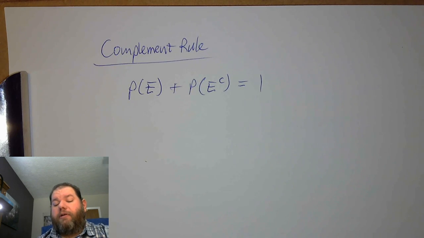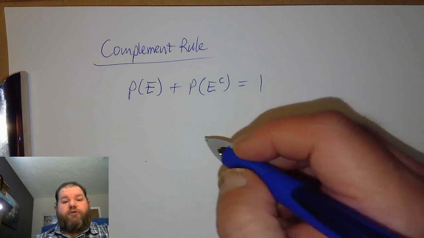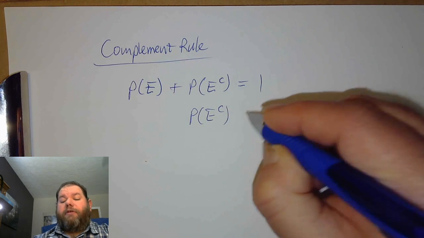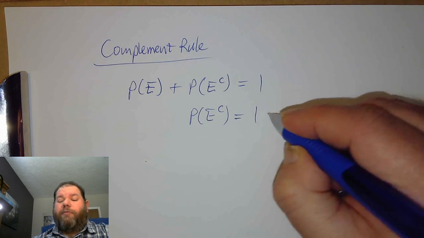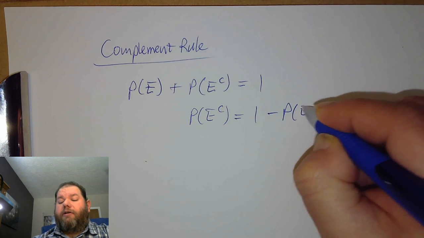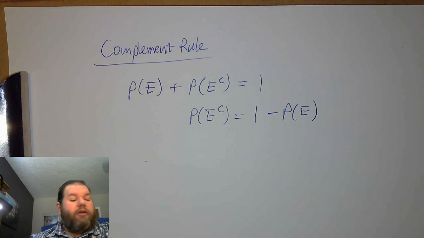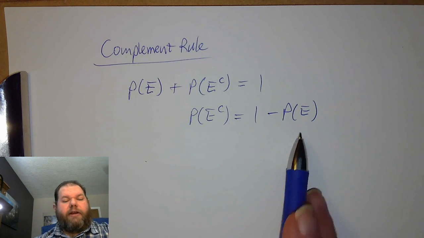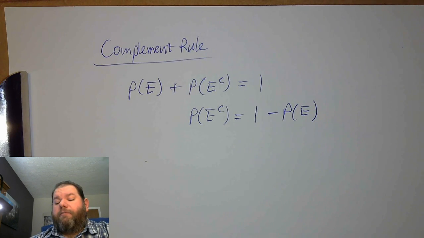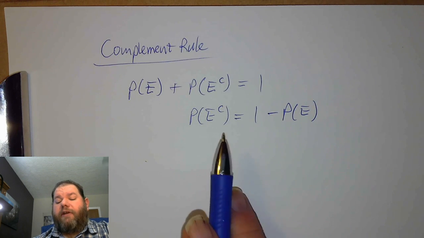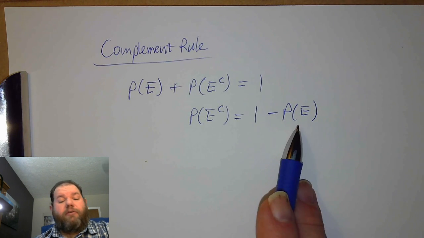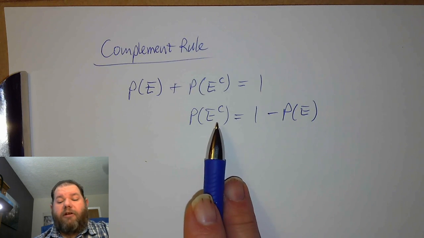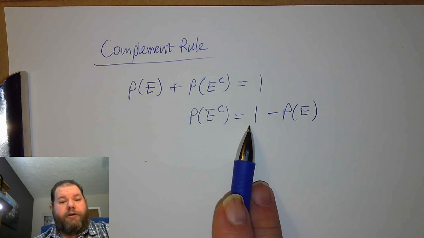Okay. Now, another way in which we can use this formula is we could also say that probability of E complement is 1 minus the probability of E. And what we've done there is we've basically taken this term and subtracted it over to the right-hand side. Because what this tells us now is that if we know the probability of E, we can easily calculate the probability of E complement by subtracting that from 1.